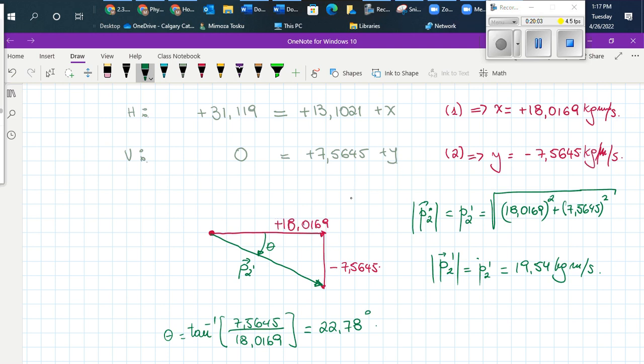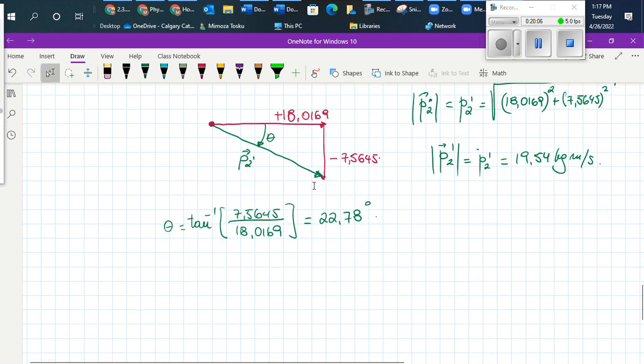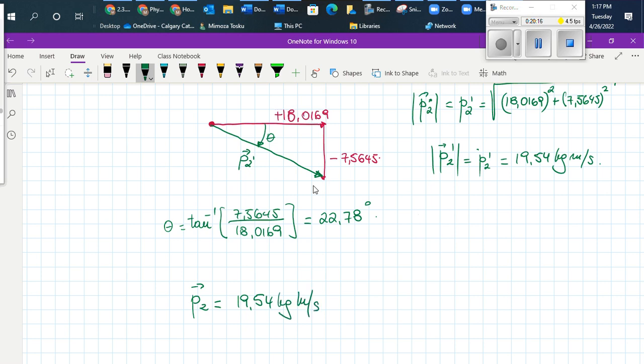So if they are asking for momentum of object 2, it will be 19.54 kilograms meters per second, or you can stop at 19.5 to consider the correct sig digs, at 22.78 degrees south of east.